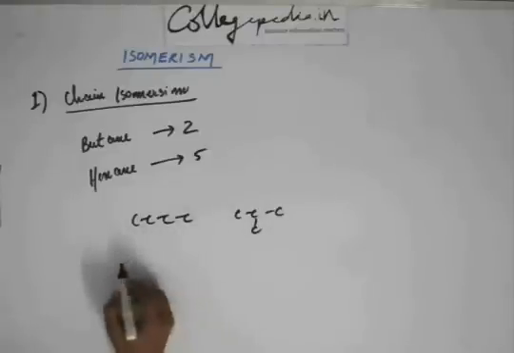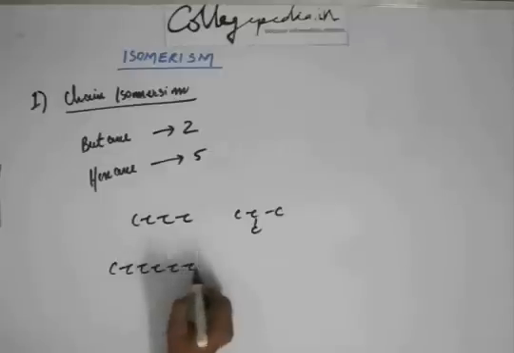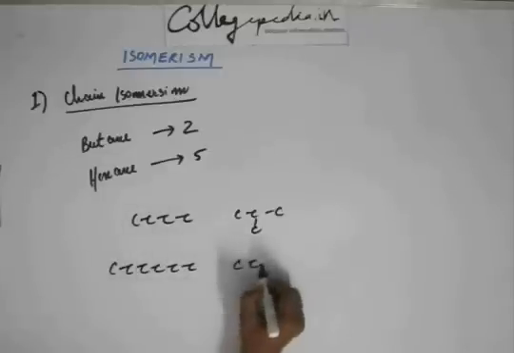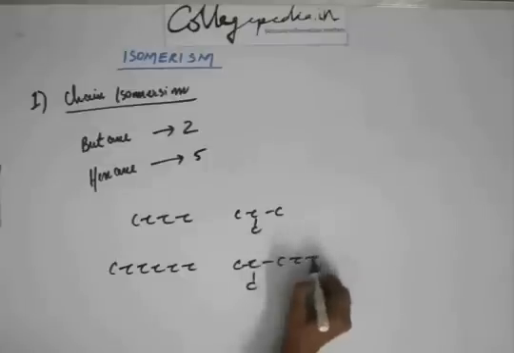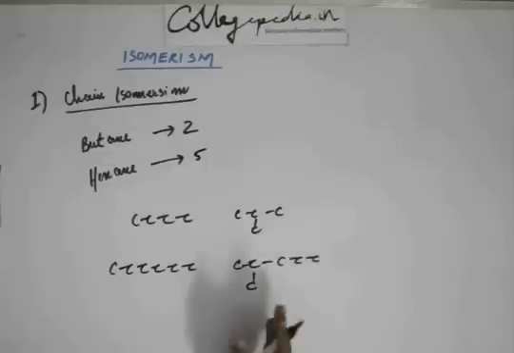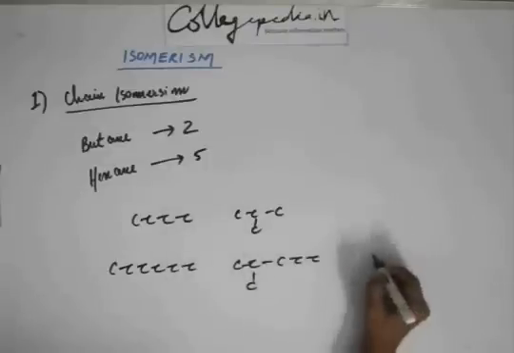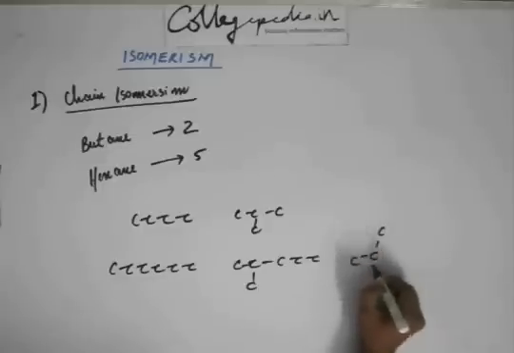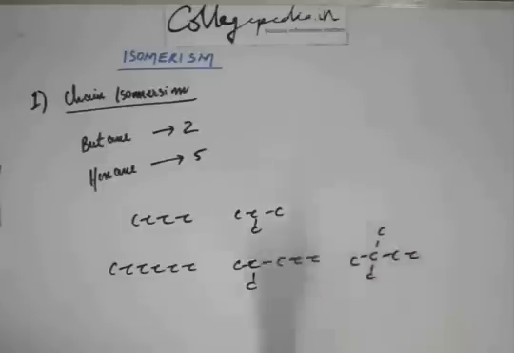If you're looking for hexane, you have to start with normal hexane. This is 1, okay? Now let's have an iso compound. This is 2, iso. This is isohexane. Then there will be a neohexane. That is 3. Can we have more? Now you have to have a substituent. Till now we have taken methyl. Fine.